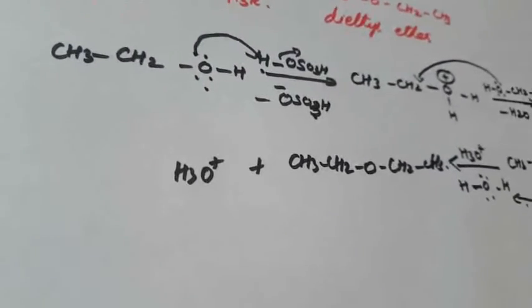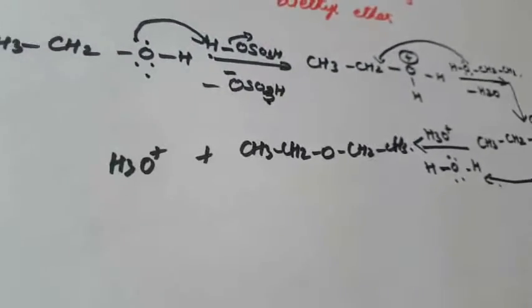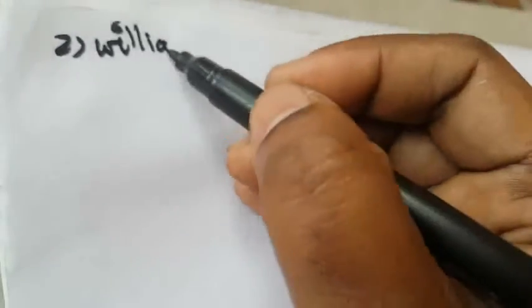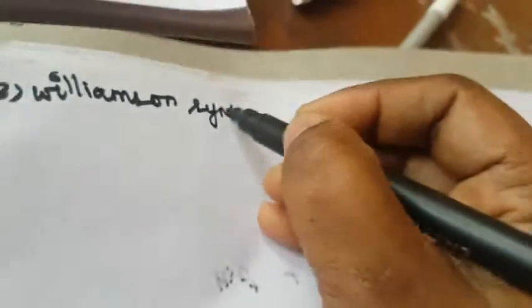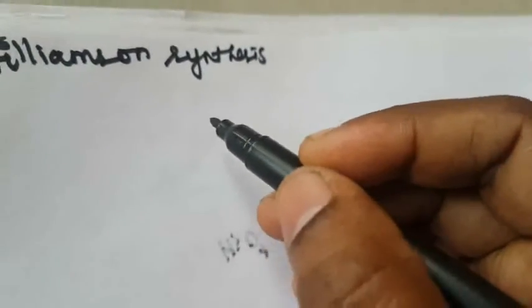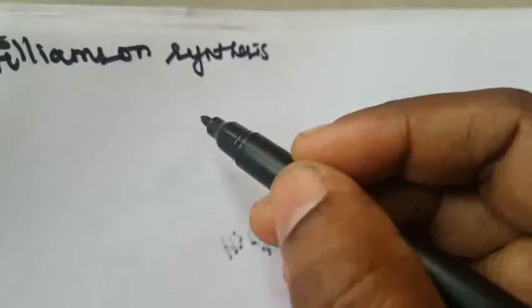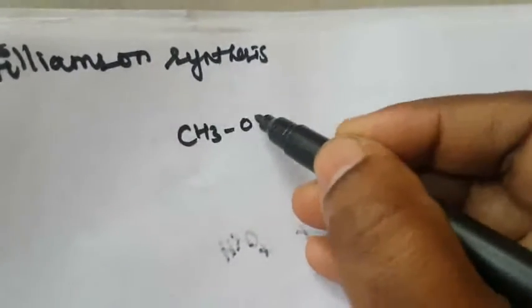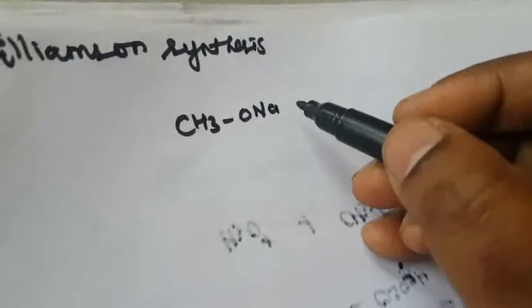So next one is, what is meant by Williamson synthesis? Williamson synthesis. First one is, what is meant by Williamson synthesis? When an alkyl halide reacts with sodium alkoxide. So that is alkyl halide. So CH3ONa, sodium methoxide, reacts with the alkyl halide.